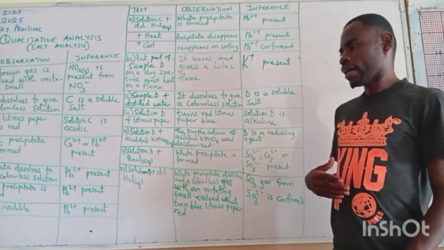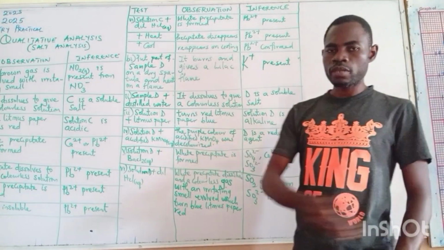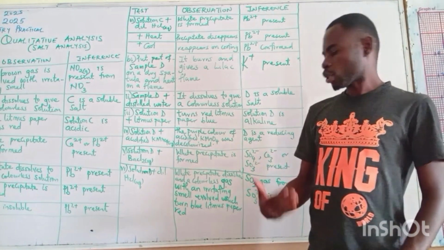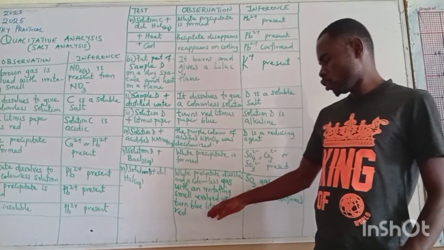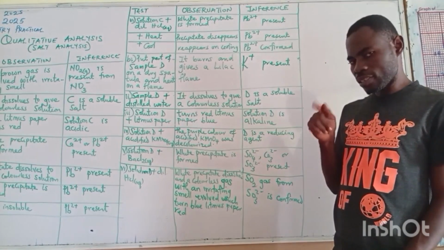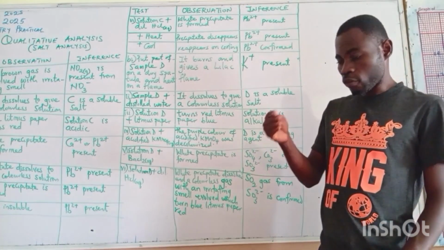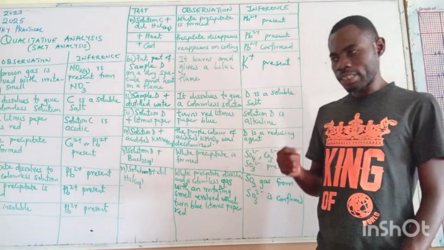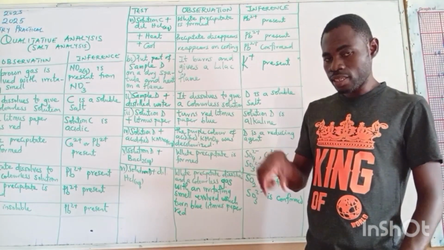Then we brought our litmus paper around the environment, and we noticed that it turned our blue litmus paper faintly red. For blue litmus paper to have turned red, definitely this gas has acidic properties.